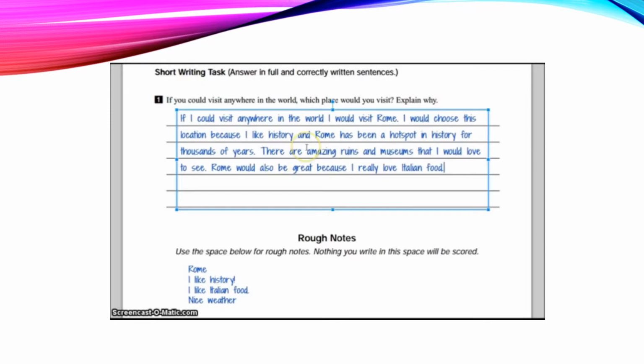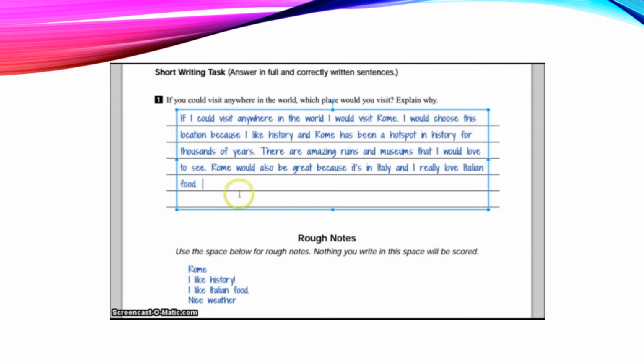And someone not knowing anything about geography might be a little confused, so how about, Rome would also be great because it's in Italy and I really love Italian food, just to assume we're talking to people who have no idea what's going on. So that means now I'm done with my second point here, Italian food. I don't think I need to go into detail about spaghetti, but I could do that. I mean, I like pizza or spaghetti or whatever.